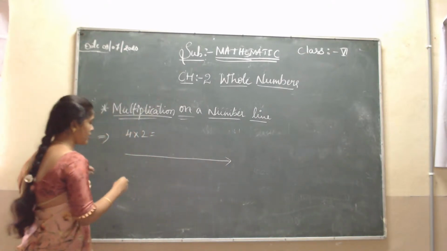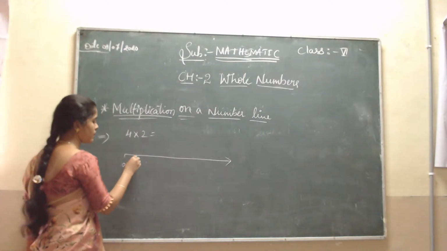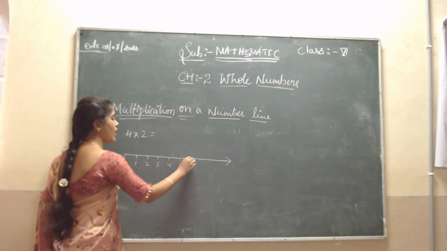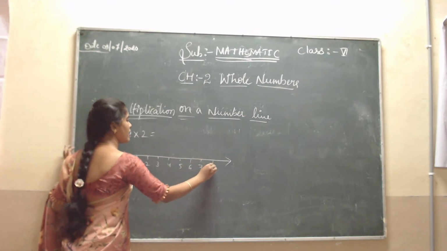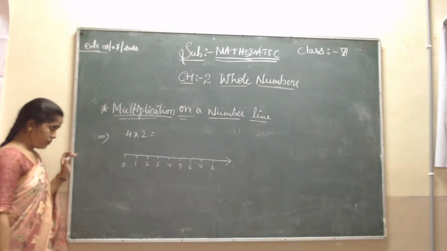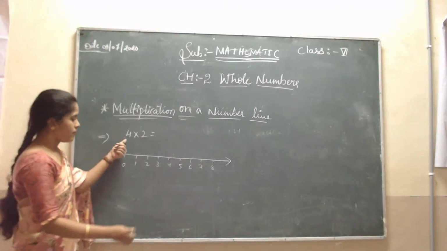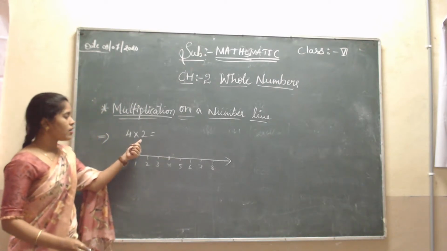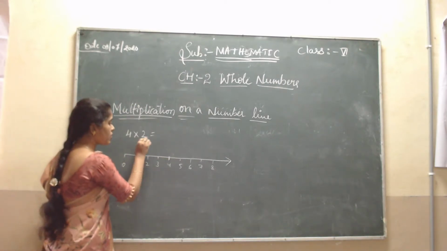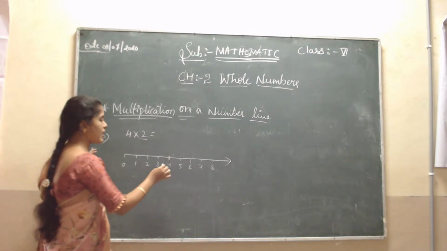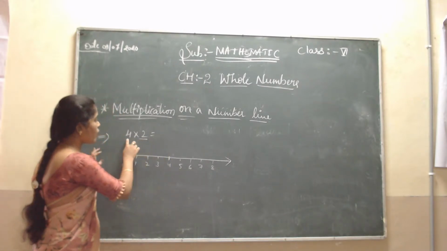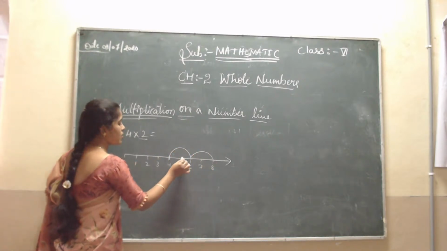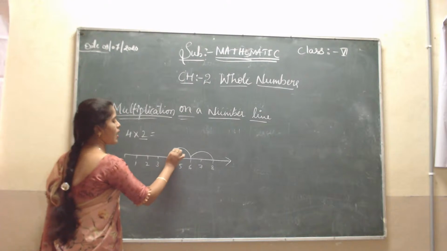See on a number line: 0, 1, 2, 3, 4, 5, 6, 7, 8. Start from 4. 4 twos are... here 2 times, so we are taking 2 times. 4 twos are 4, 1 time and 2 times.